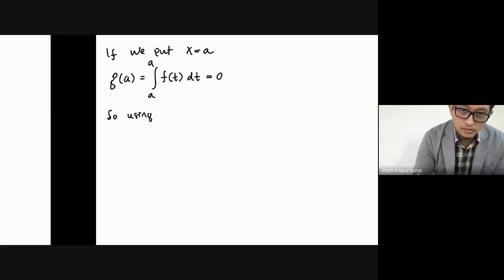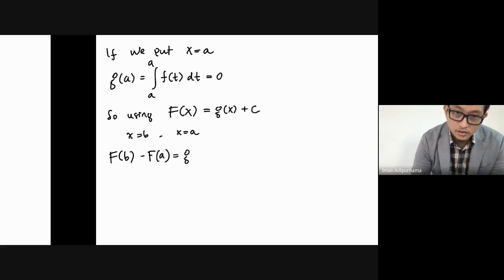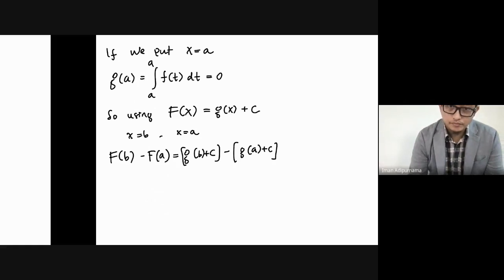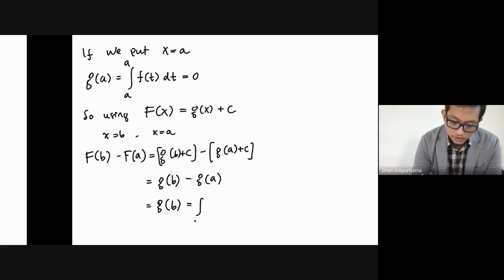So using f(x) = g(x) + c, where x is b and x is a, then f(b) minus f(a) becomes g(b) plus c minus g(a) plus c, and this should be g(b) minus g(a), and this will be g(b) equal to the integral from a to b of f(t) dt.